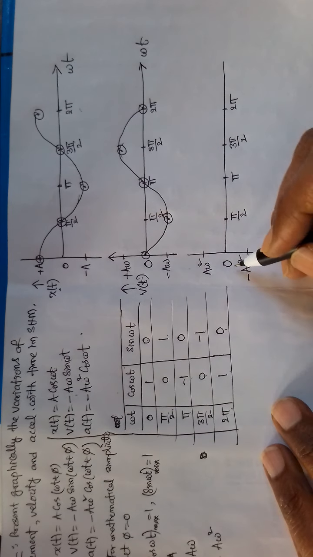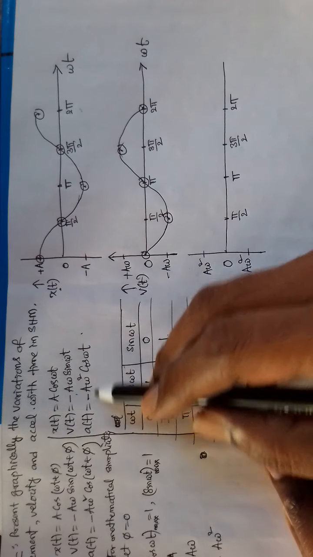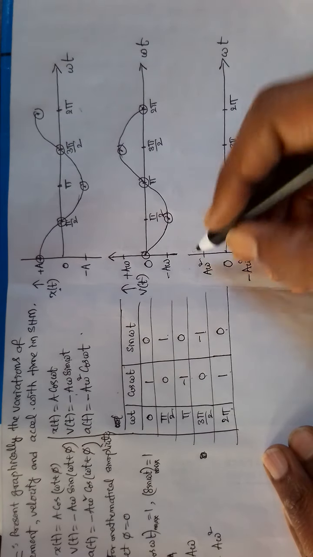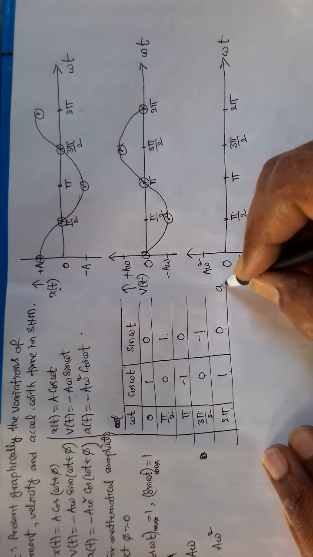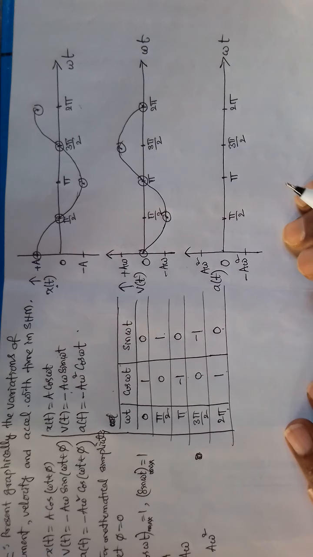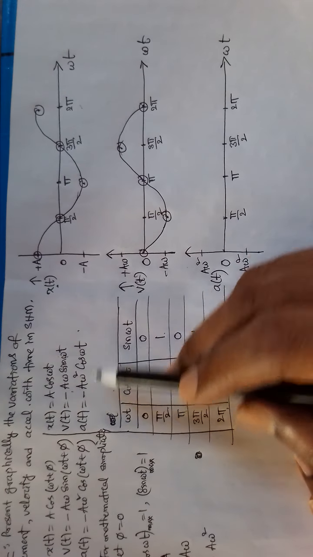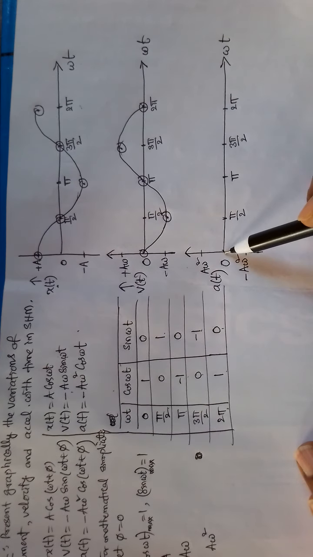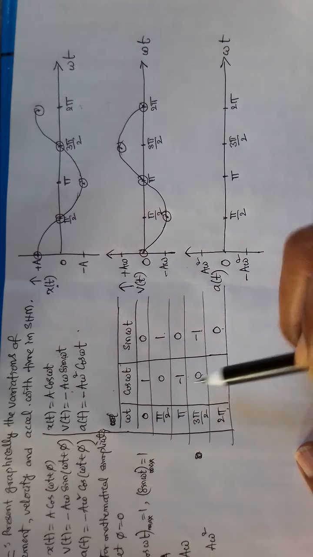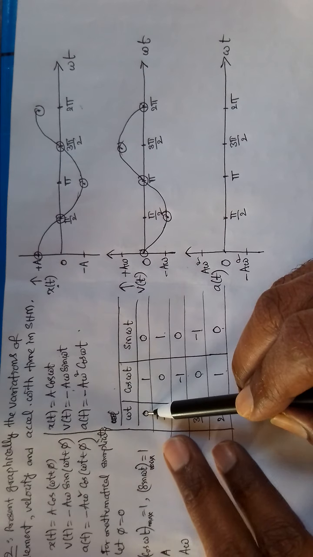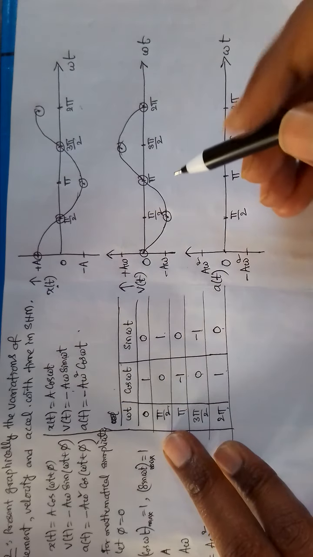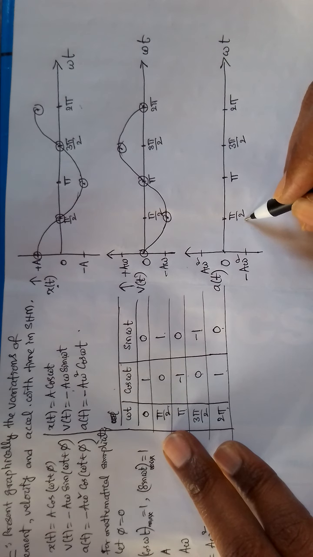Now let us go to the acceleration expression. On the x-axis we take omega t and on the y-axis we take acceleration. This is a cosine function. When omega t is 0, its cos value is 1, therefore 1 into minus a omega square is minus a omega square.